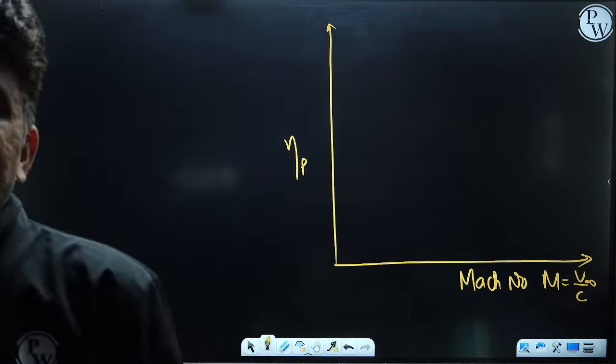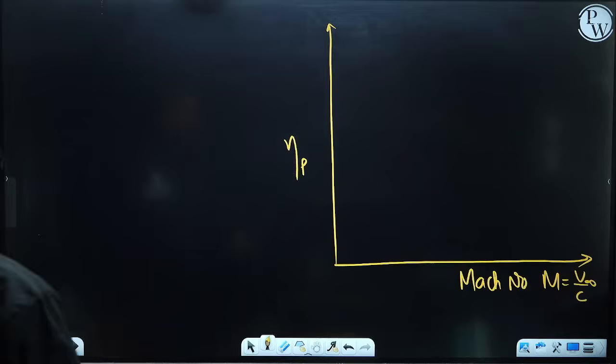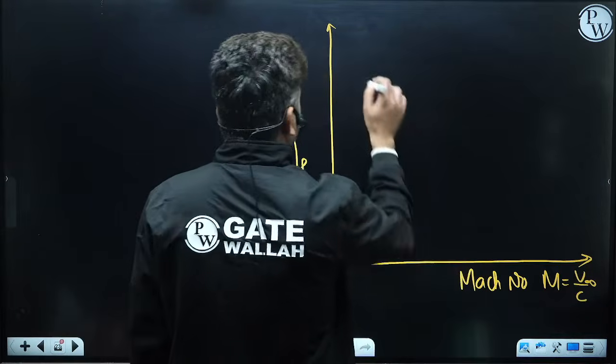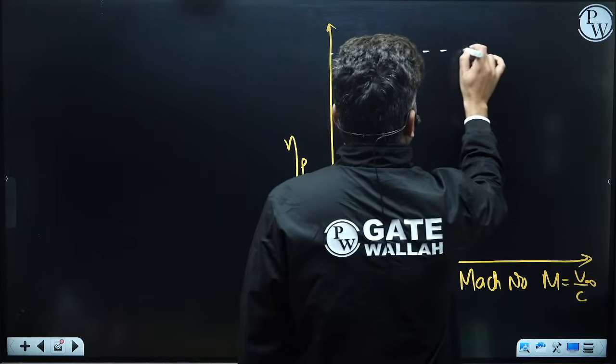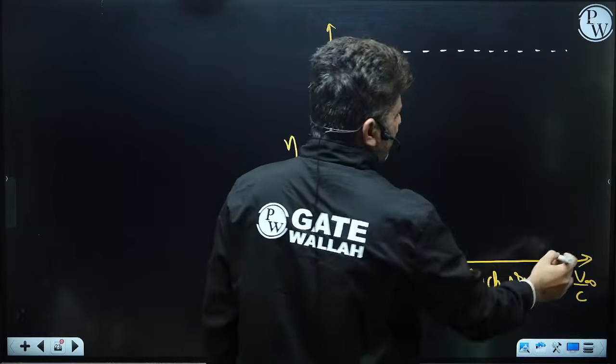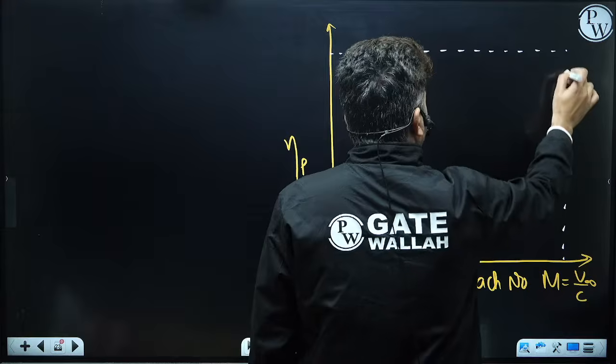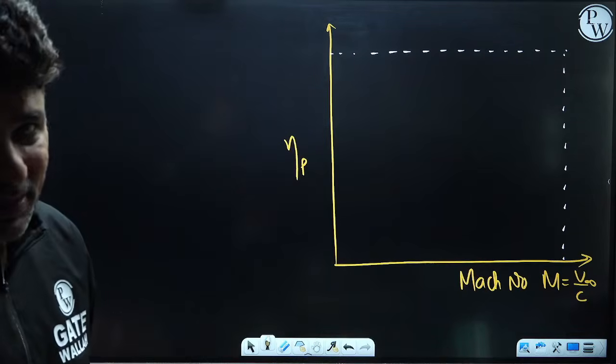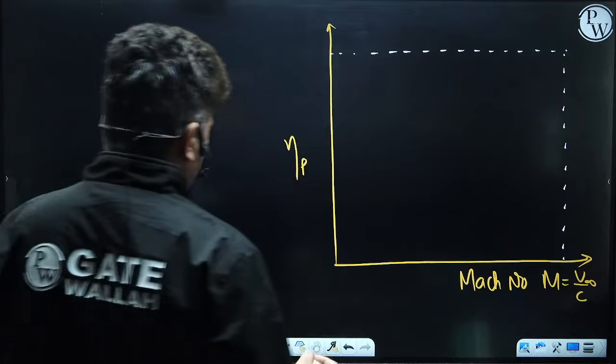So how do the different engines, turboprop, turbofan, turbojet, actually reach these efficiencies at different Mach numbers? We can see that the engines have different sorts of efficiency.